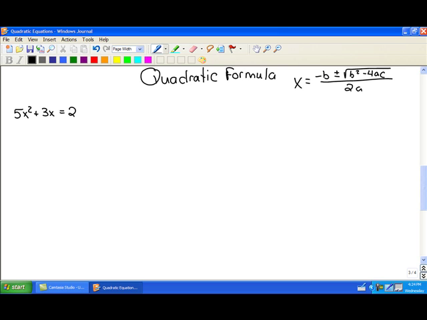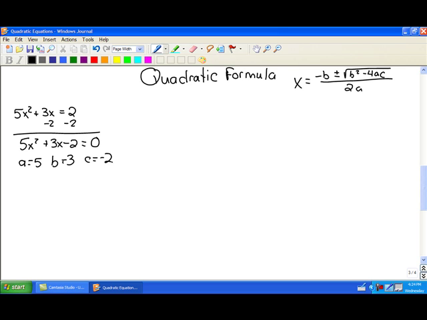So if we're given an equation like 5x squared plus 3x equals 2, we first of all want to subtract 2 from both sides, leaving us with 5x squared plus 3x minus 2 equals 0. Only when one side equals 0 can we correctly read the a, the b, and the c. In this case, the a is 5, the b is 3, and the c is negative 2.